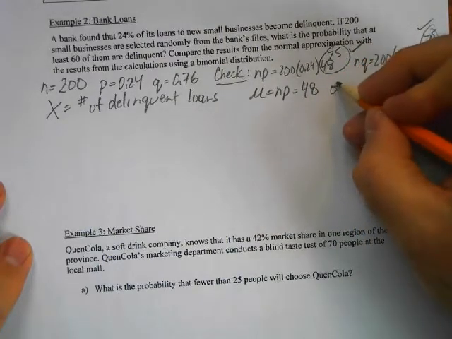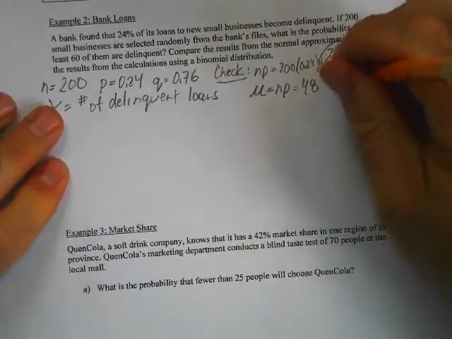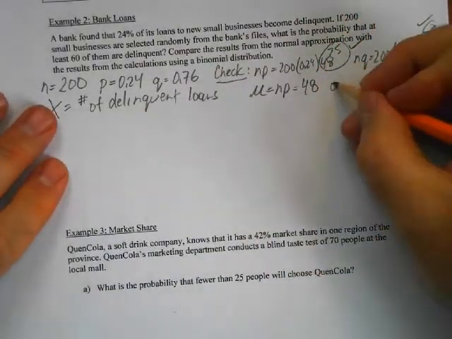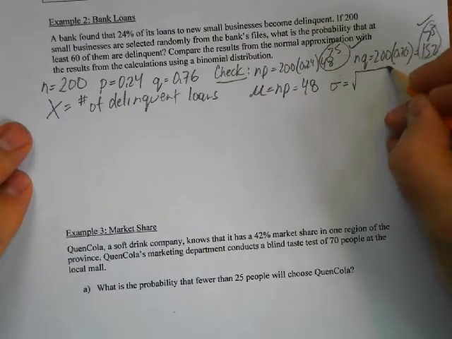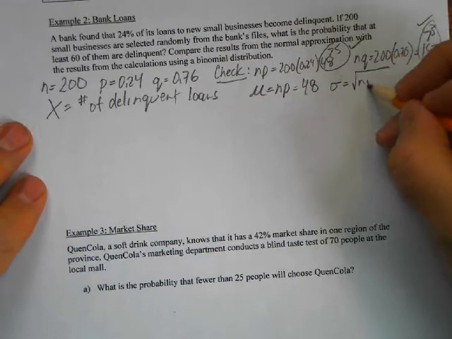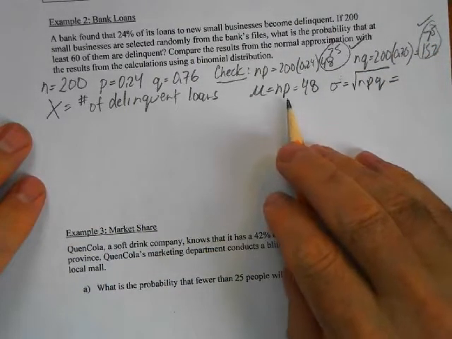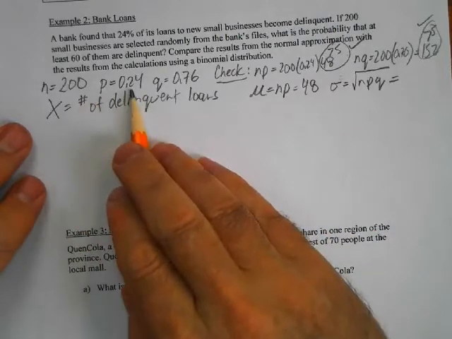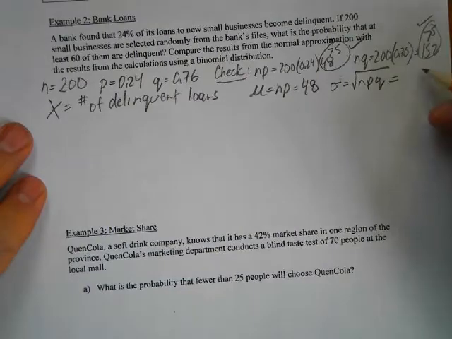And our standard deviation is the square root of NPQ. Okay, I won't put those in, but it's 200 times 0.24 times 0.76, all square root. That's 6.04.